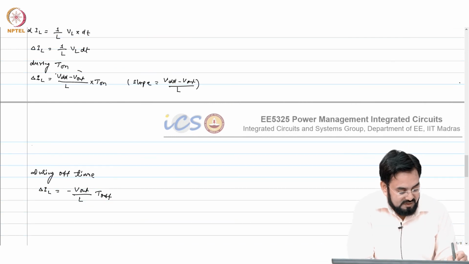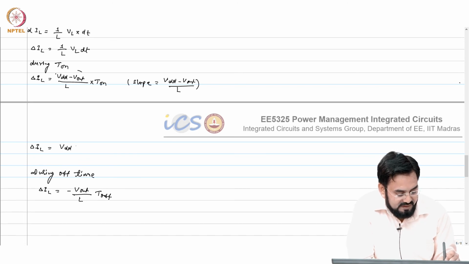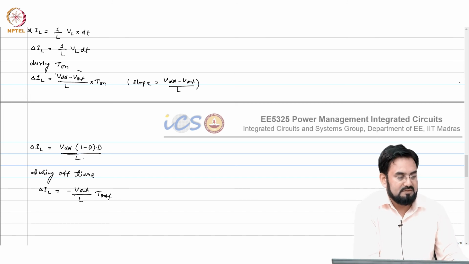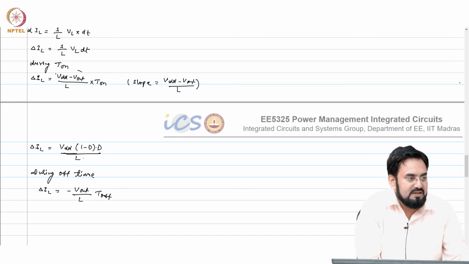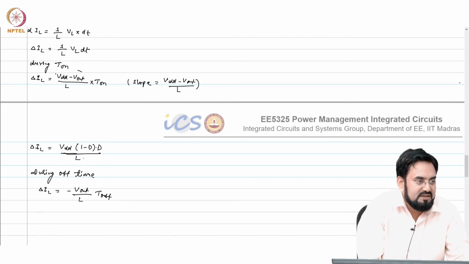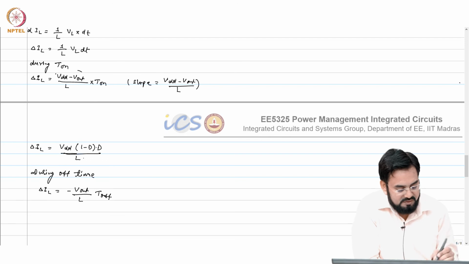So this delta IL, can I write it like this? VDD (1 minus D) over L. Okay. So you take VDD common, V out by VDD is nothing but D, the duty cycle, and T on is the duty cycle times TSW. Okay.